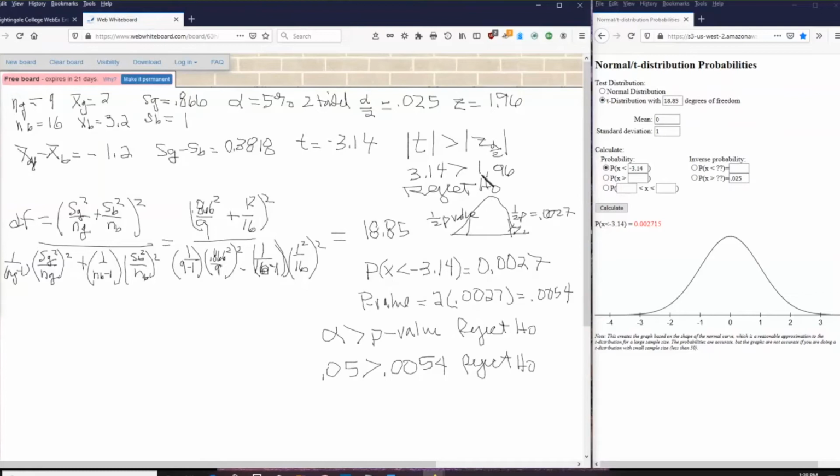Any questions about how I calculated any of that data or how I came up with those conclusions? Okay. So that is how you are going to solve when you have an unknown population standard deviation.